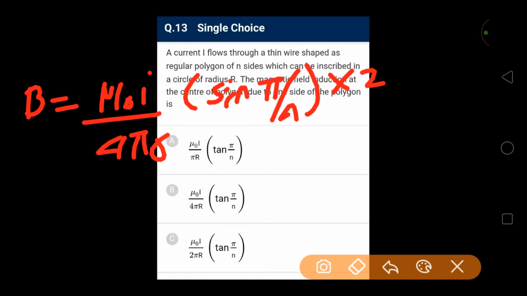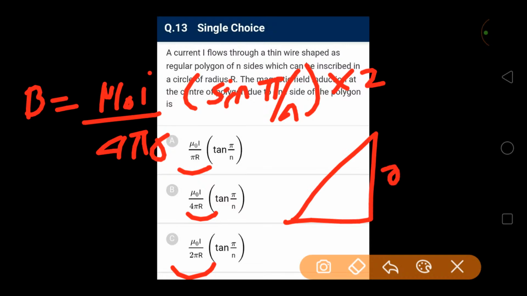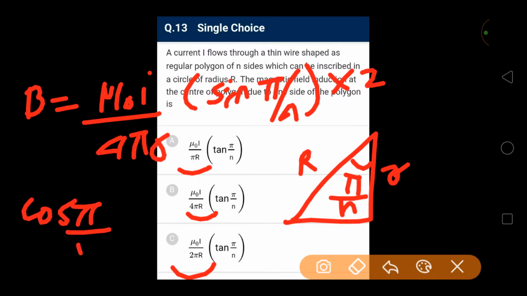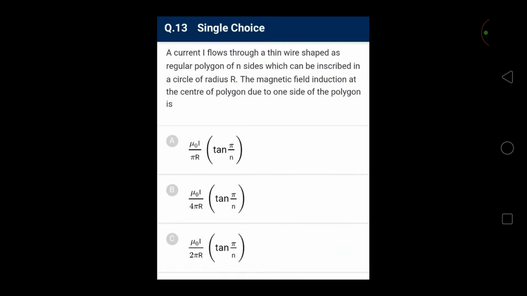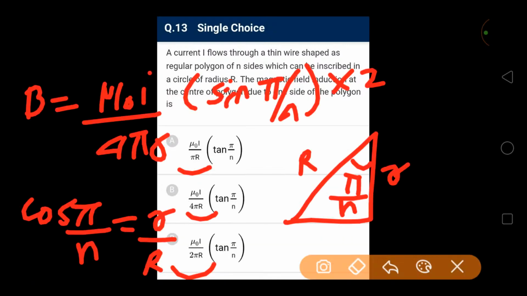Now in options you can see only capital R, no small r is found. So this is small r, this is capital R, this is pi by n. So what is the relation you can establish? Cos pi by n is equal to small r by capital R. So small r is capital R into cos pi by n.